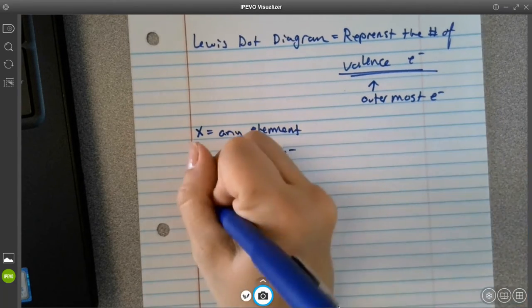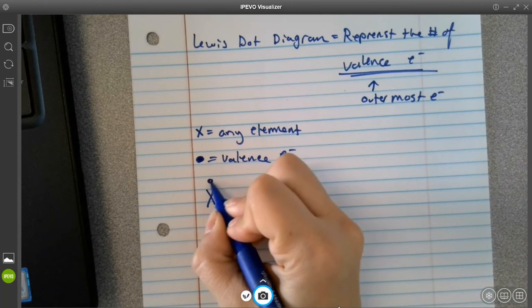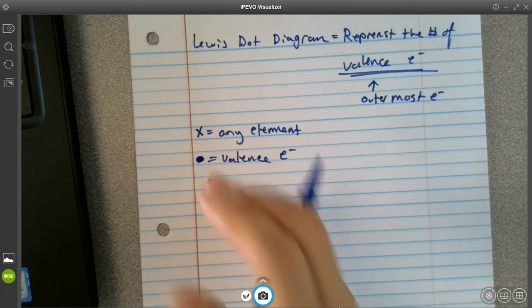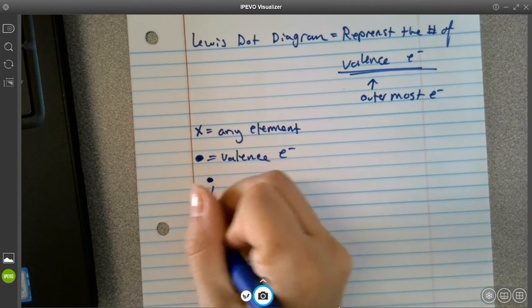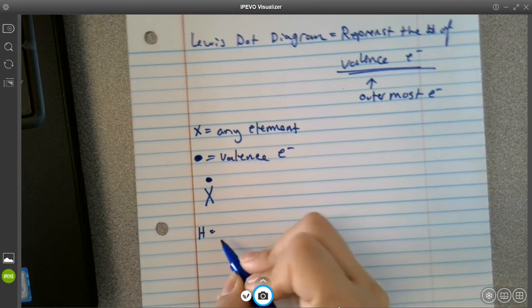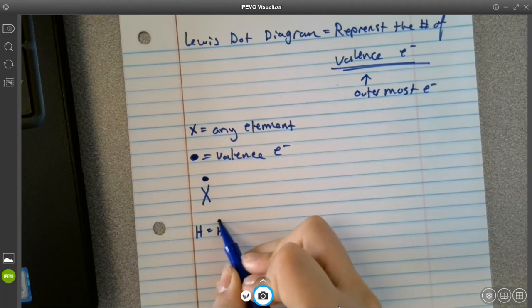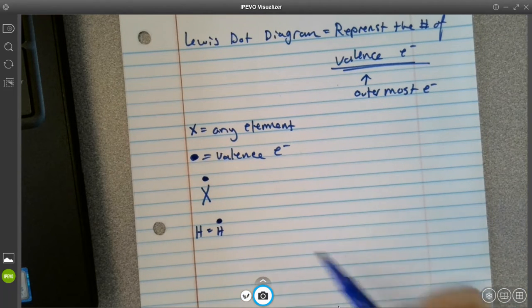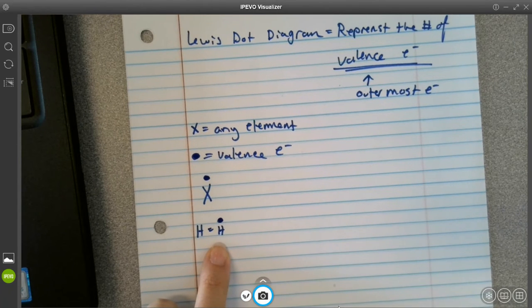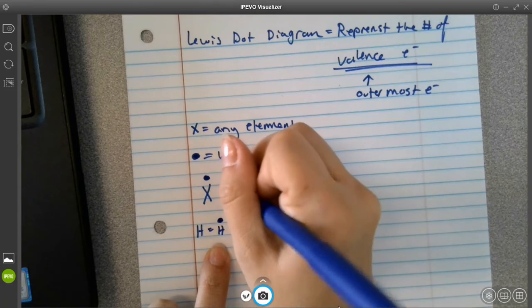So if I'm in the first family, I'm just going to have my element and a dot. So again, first family, if I'm looking at hydrogen, my Lewis dot diagram would simply be hydrogen with a little dot above it.